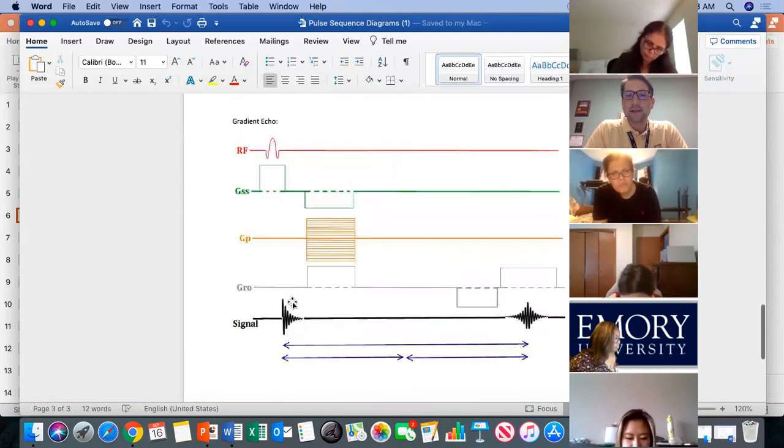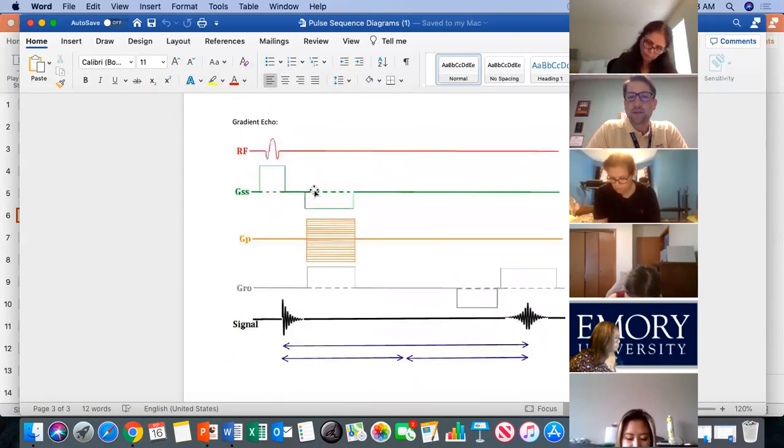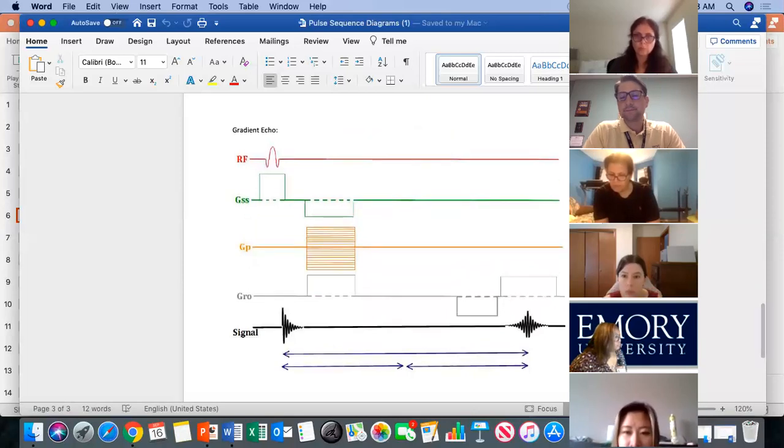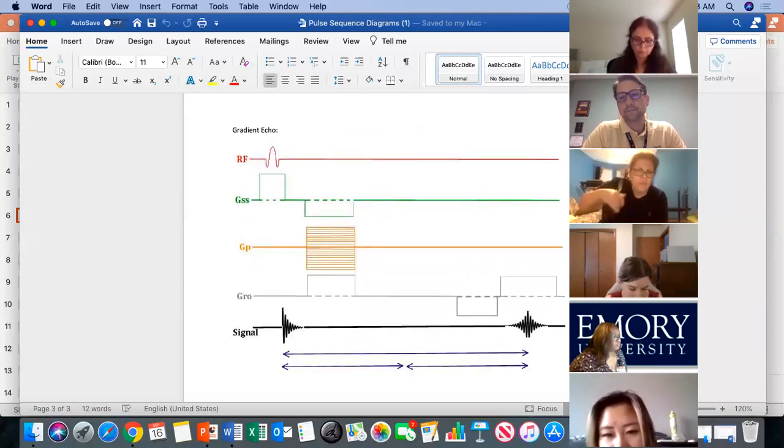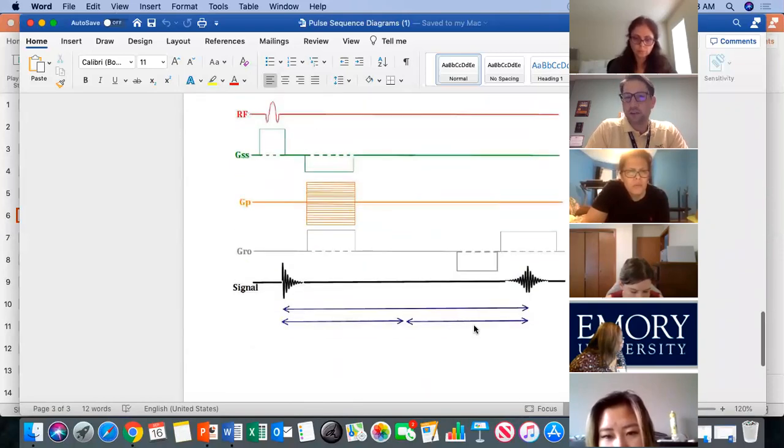And then finally, we did not cover this diagram, but we'll cover it. It's our gradient echo pulse sequence. And what I really want to highlight here is, what are we missing? From all 180. That's right.